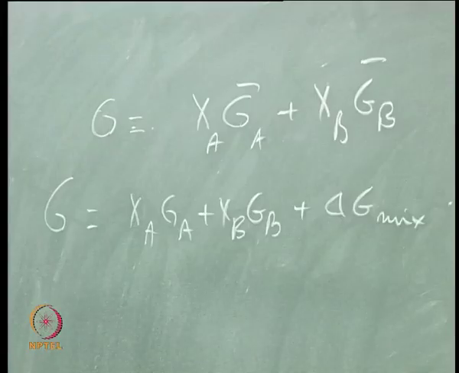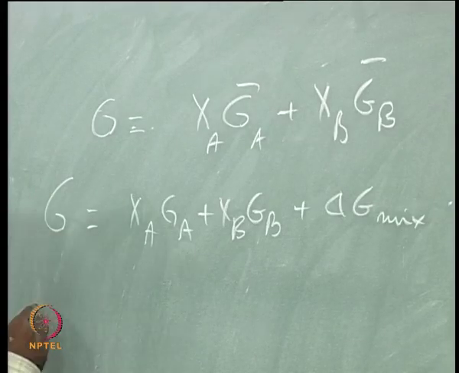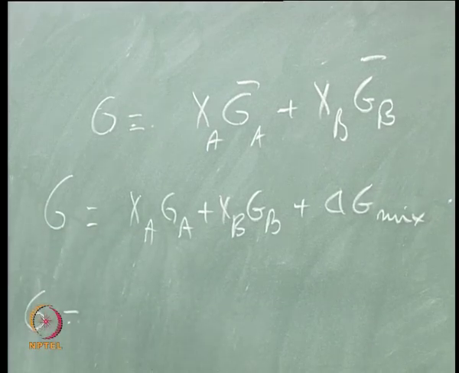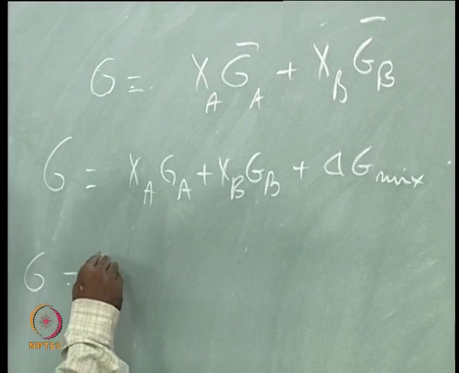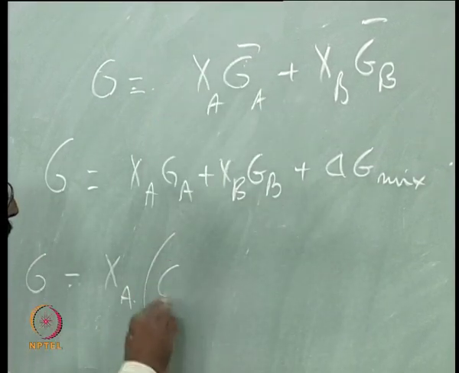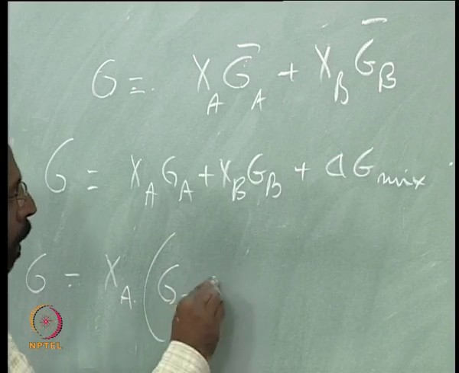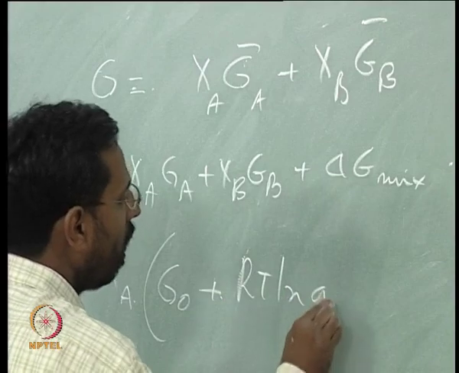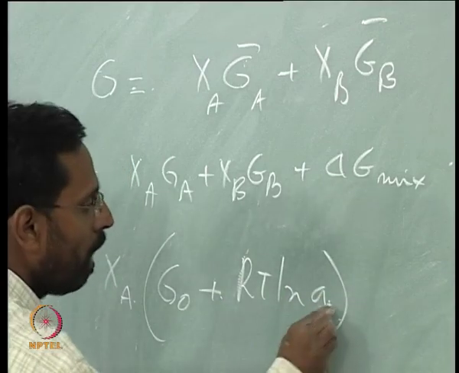And in principle we can also write this G as XA into G bar A, where G bar A can be written as G naught plus RT ln a of A.